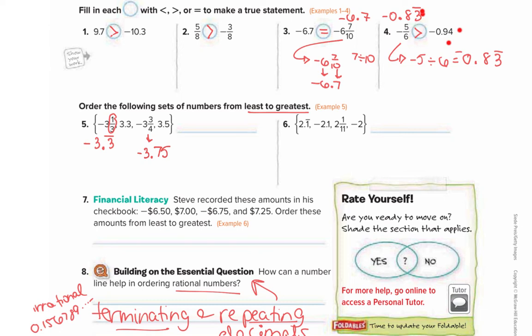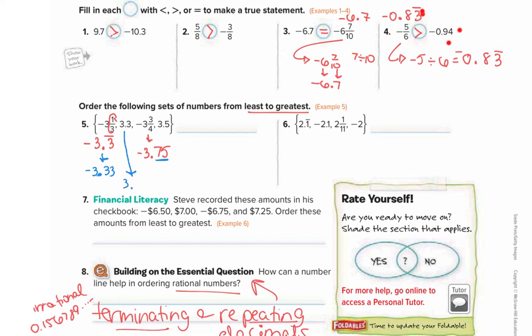So now we've made all of our fractions into decimals. Now to compare them, you want to make sure that they all end with the same amount of numbers behind the decimal. So this number has 2 numbers behind the decimal. So we want to make them all have 2 numbers behind the decimal. So negative 3.3 repeating would become negative 3.33 when we make it 2 numbers behind the decimal.